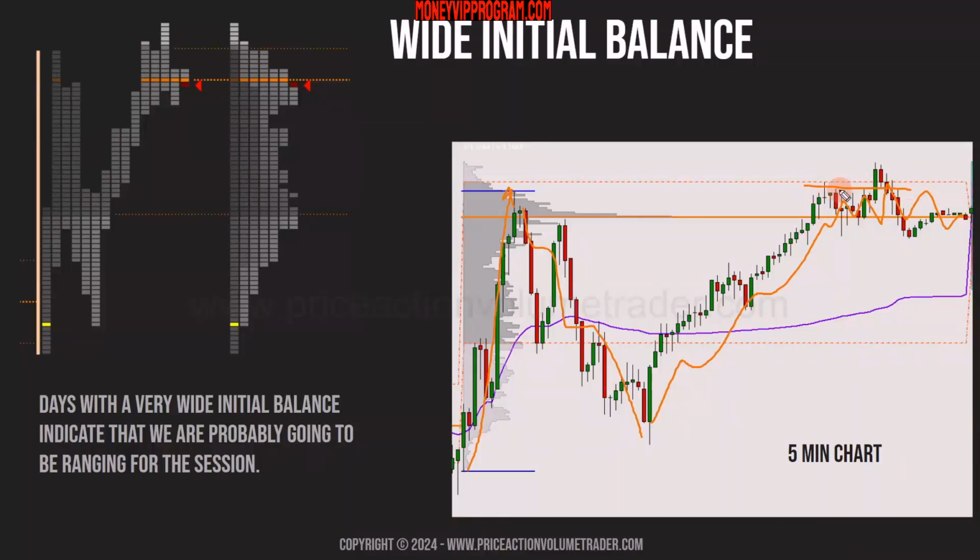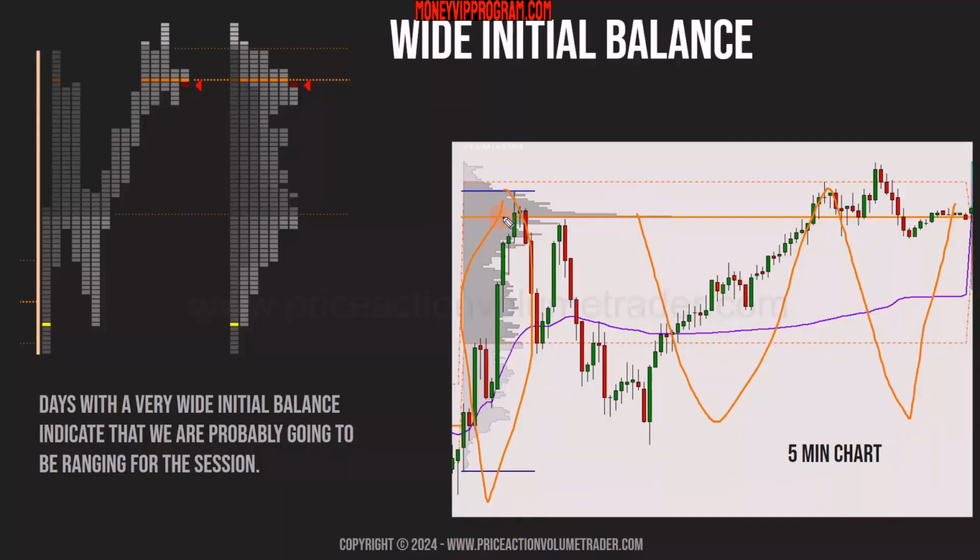We did have a false break and failure off of the top of the range, but when we establish a very wide range, it is most common that we spend the rest of the session trading within this wide balance, because this means that the large players most likely just got their order fills early in the session.